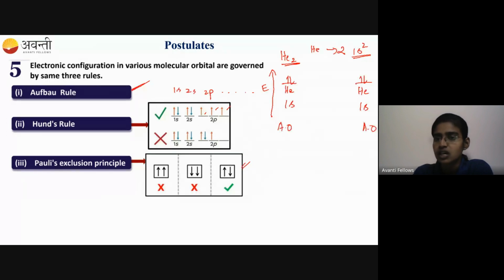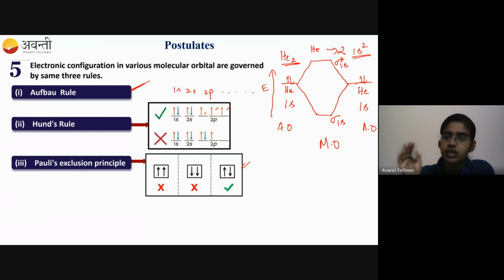Okay. Now these 2 atomic orbitals will combine and they will give 2 molecular orbitals. The name of this molecular orbital is sigma 1s and the name of this is sigma star 1s. The star denotes the antibonding. That's all. Okay.